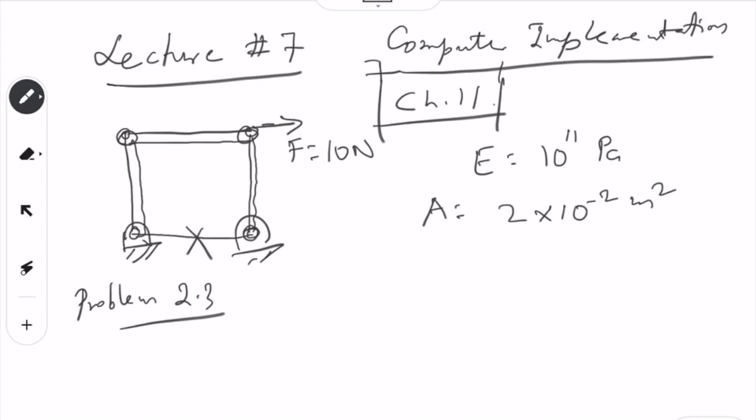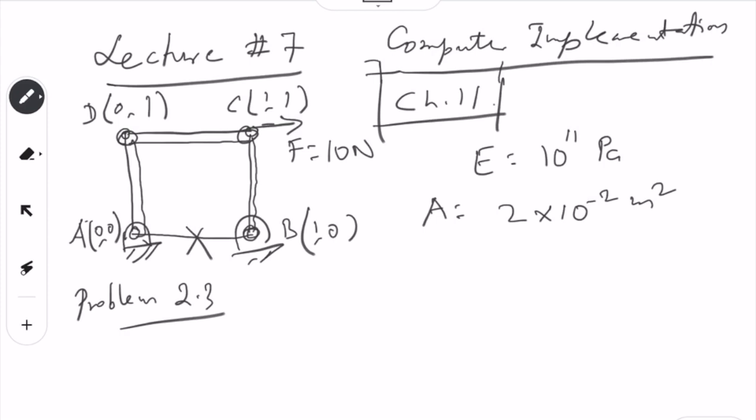Coordinates are also given. The first is A at 0,0, this is B at 1,0, C is at 1,1, and this is D, which is 0,1, all in meters.